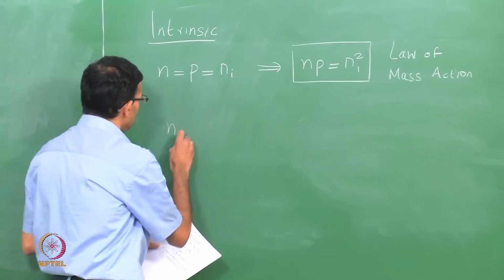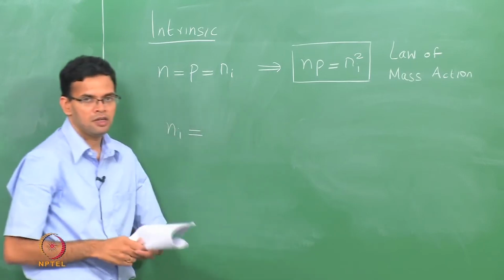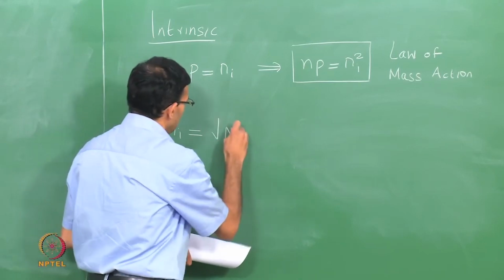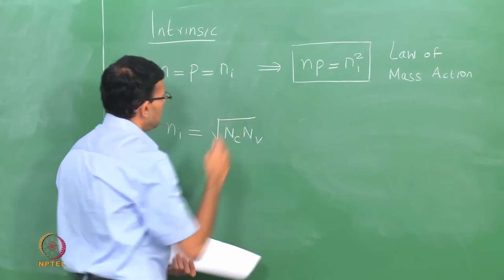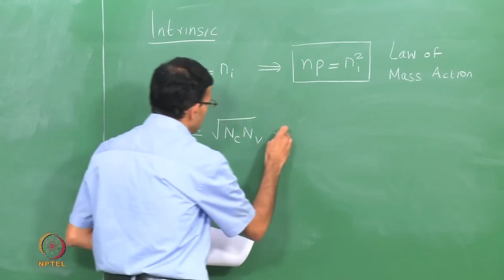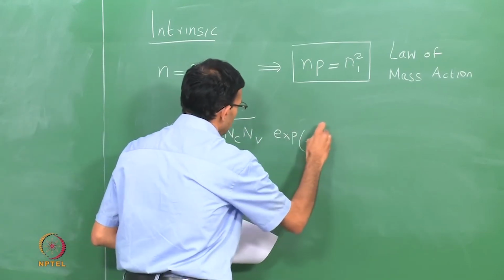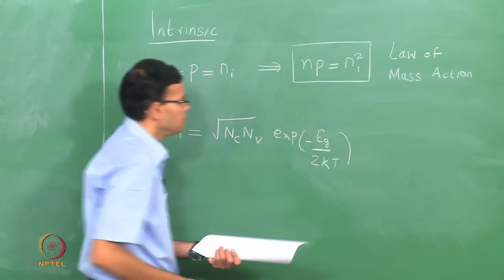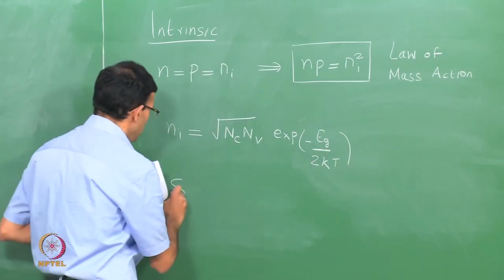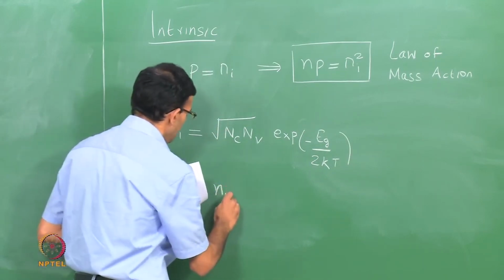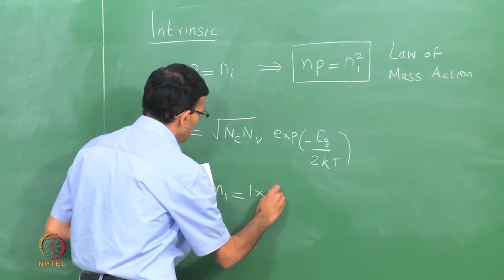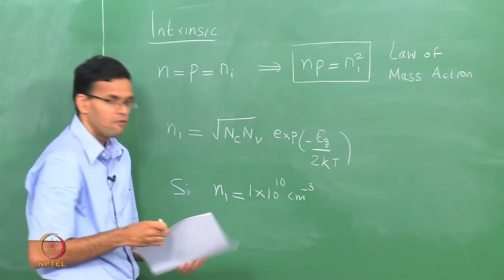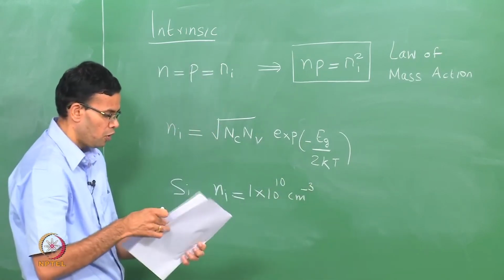We also saw that the intrinsic carrier concentration is a function of temperature and it depends upon the band gap, where Ni is square root of Nc Nv, exponential minus Eg over 2 kT. We saw that silicon, the dominant material in the semiconductor industry, has an Ni which is very small. It is only 10 to the 10 per centimeter cube, which means the conductivity was also very small.